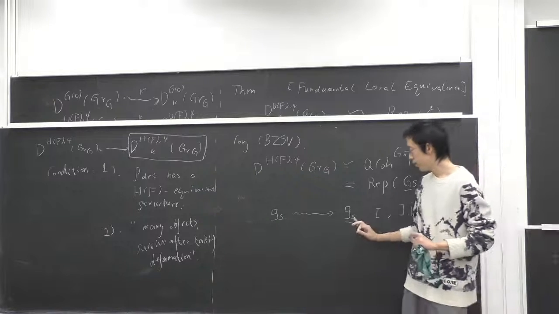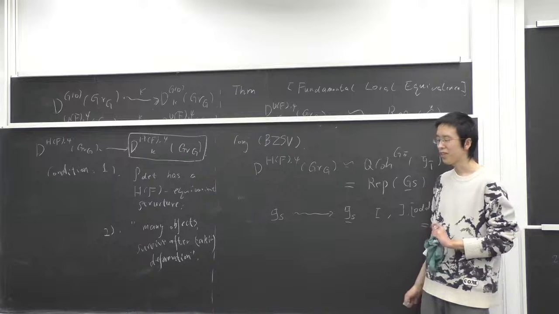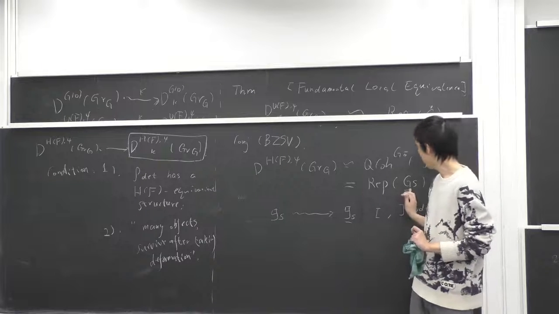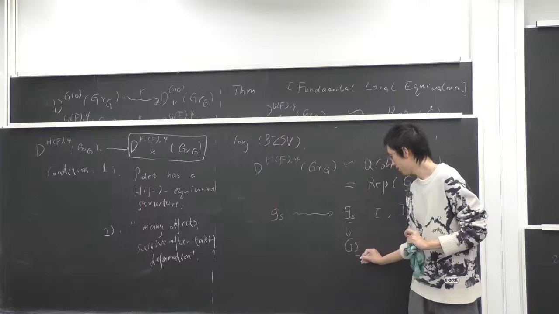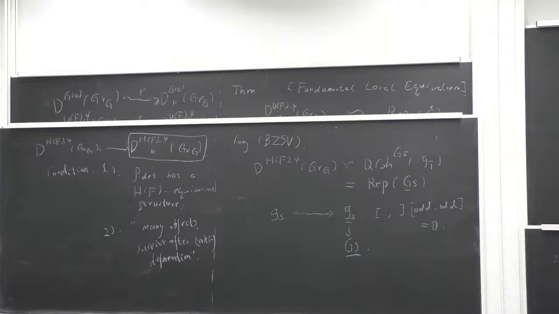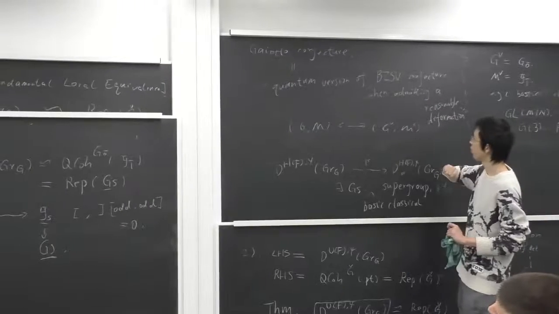So in this way, you can define a new super Lie algebra denoted by G_S underline, and here G_S underline is the corresponding supergroup. So that is the BZSV conjecture in the case when it admits a reasonable deformation.